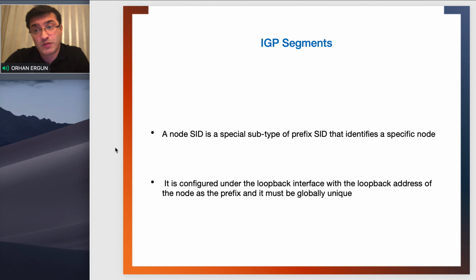Same IP address on multiple nodes. Here, Anycast SID: the same SID value, not IP address, on different nodes. But the use case, of course, is what? Maybe shortest path, or let's say path optimization, or load balancing, obviously.